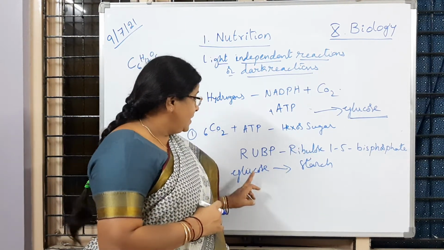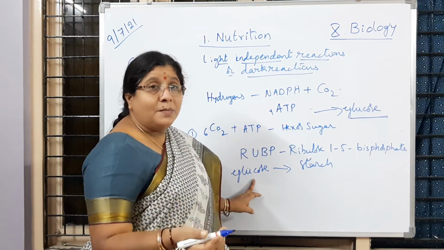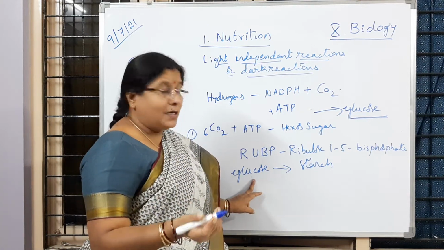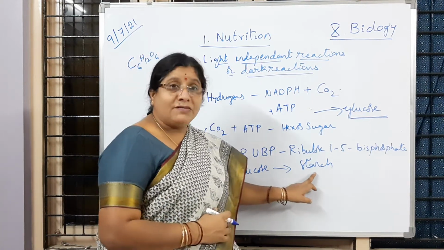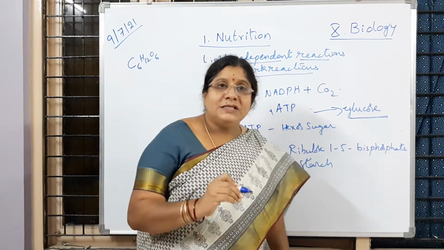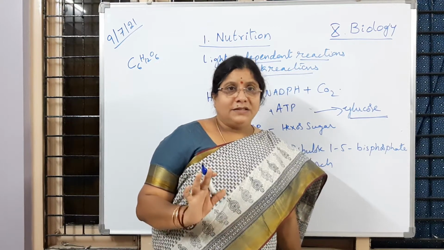Is it clear to children? So glucose is soluble, but if it stays in that soluble form, then the plant may not have reserves of glucose. That is the reason, to survive, the plant converts glucose to starch, which is insoluble, and it is stored in different parts of the plant. Is it clear to children?